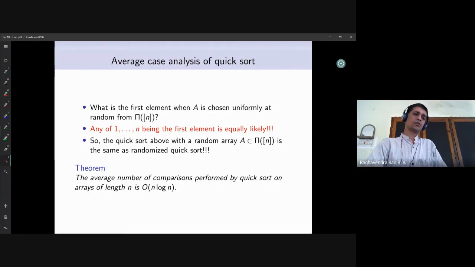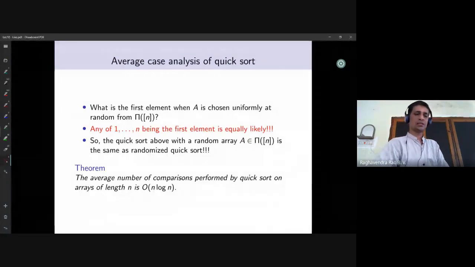What I mean to say is, in general, doing average case analysis is extremely tedious. In many algorithms or problems, I think there might be some 10 to 15 algorithms where complete average case analysis is known. Otherwise, no tight average case analysis is known.